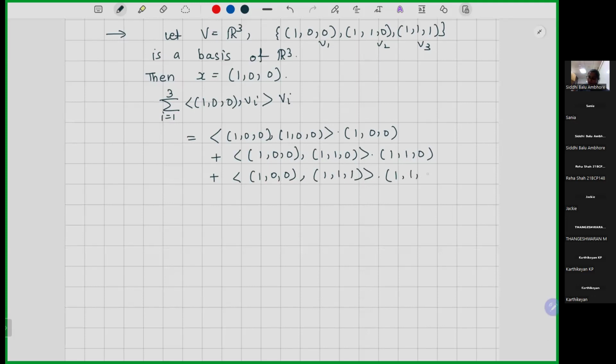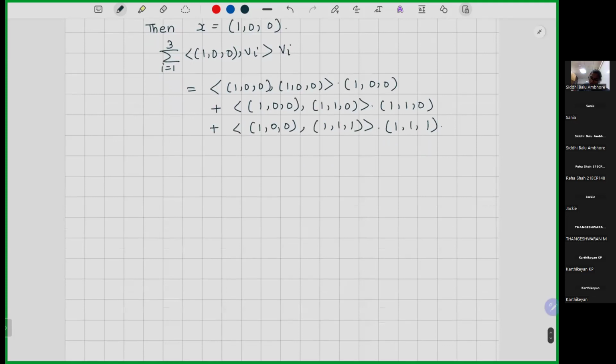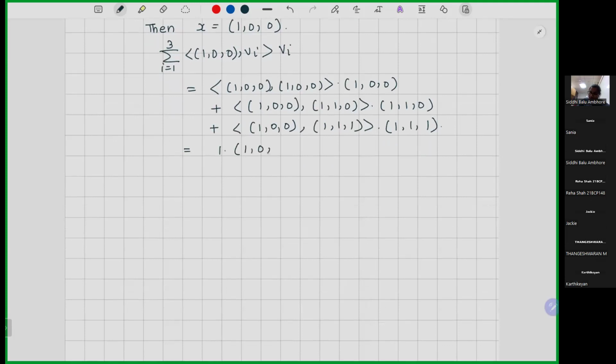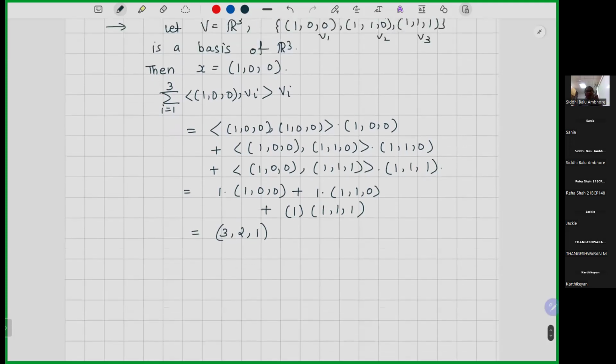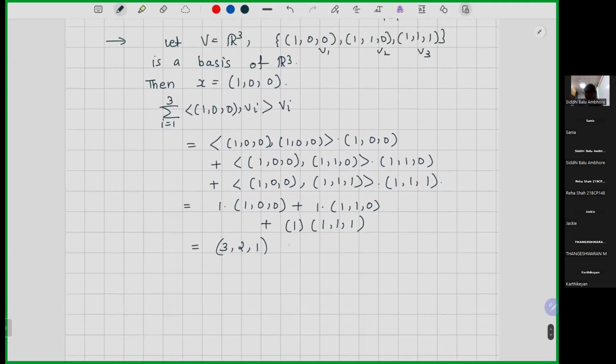Here the inner product is 1, and here again the inner product is 1. So it will be 1 times (1, 1, 0), plus, again with inner product 1, 1 times (1, 1, 1). And if you add these, the element is (3, 2, 1), which is definitely not equal to the x which we started with.